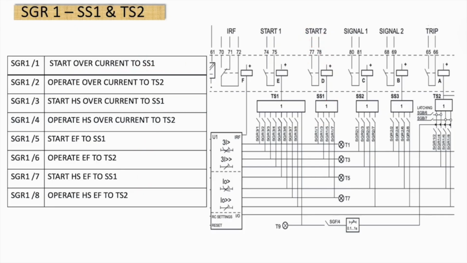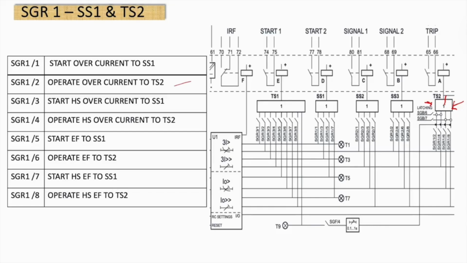Next, we'll talk about TS2, which is our main tripping device. Friends, this is for tripping. So if you need an operable trip signal for tripping, for a breaker trip, for a master trip, or for tripping any other element, then you'll need to use the TS2 module.